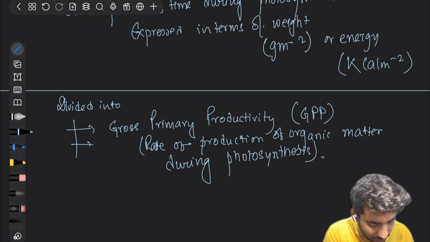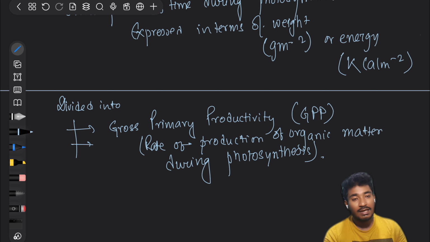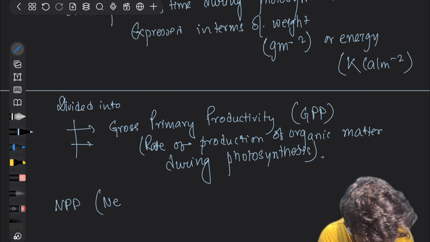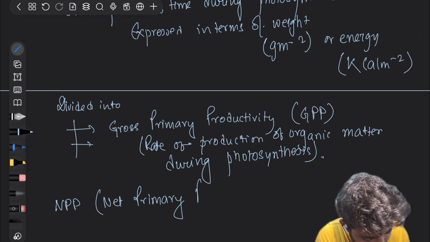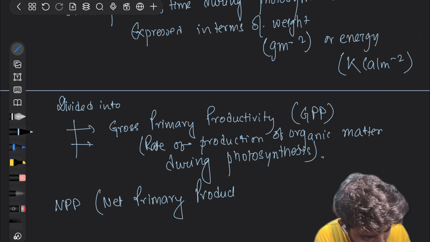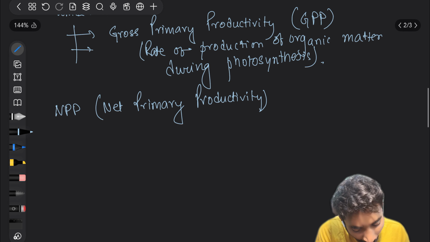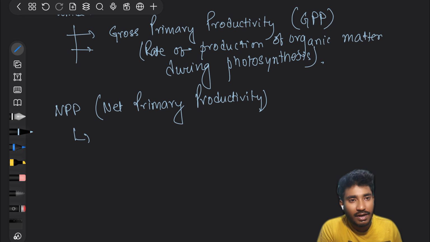Now what is the NPP then? I have said the GPP. Now what do you call the NPP? It is the net primary productivity.